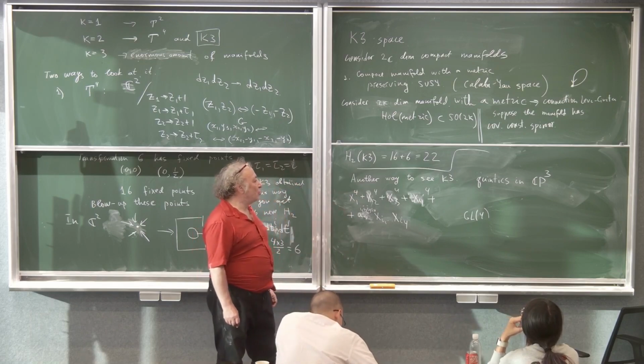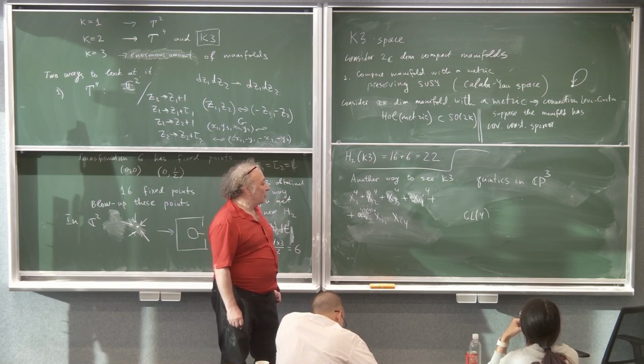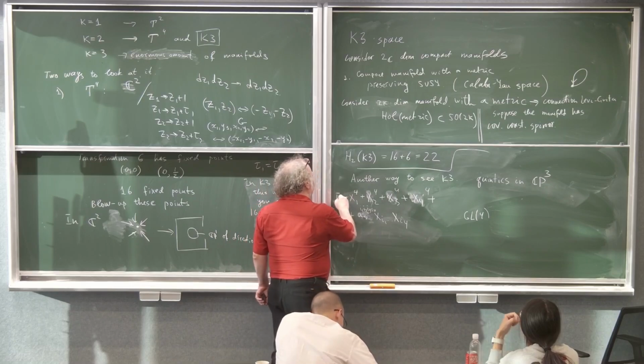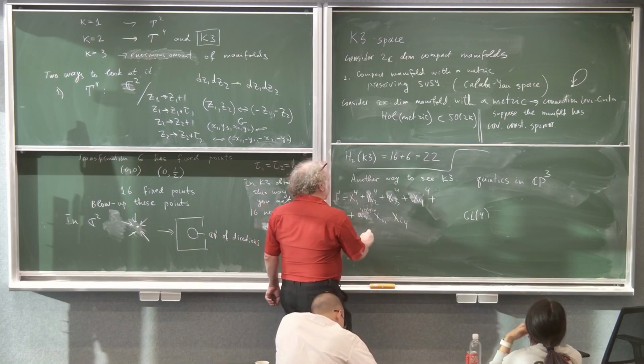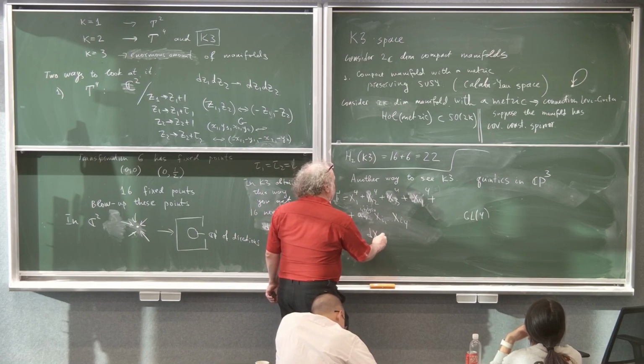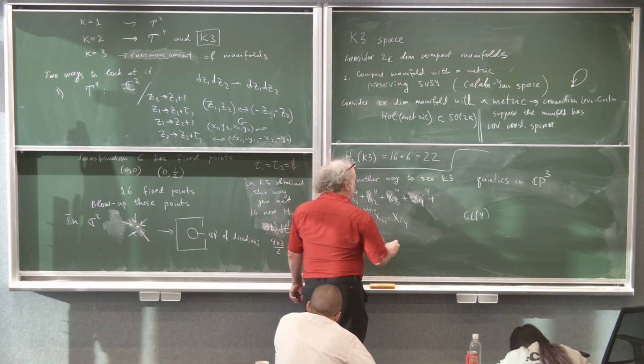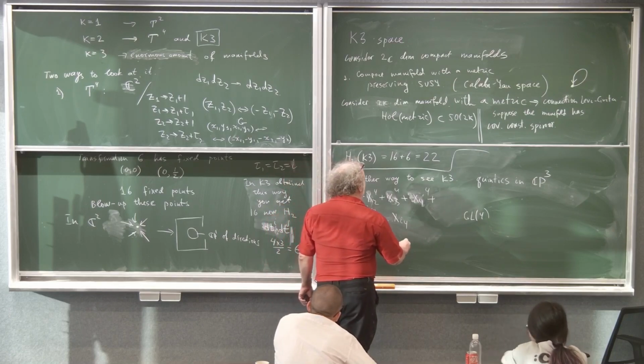Now, how to see that it is a quartic? Actually, how to see that it's a Calabi-Yau space? It is because one can construct a holomorphic top form here using the following construction.